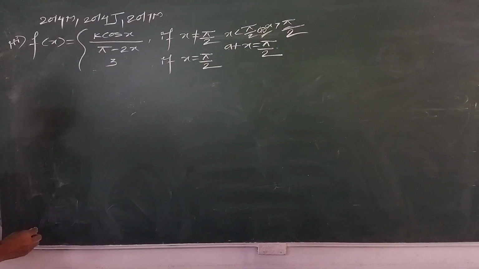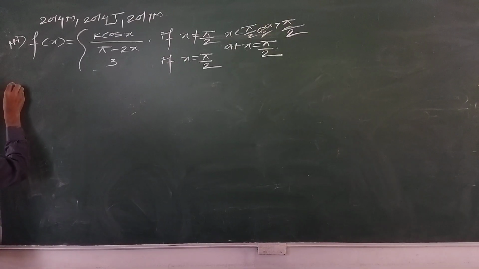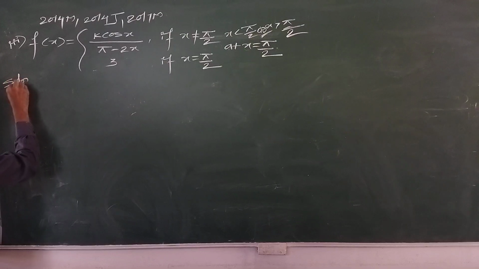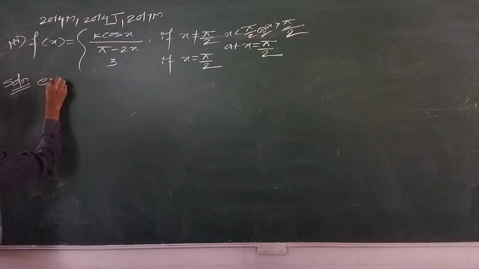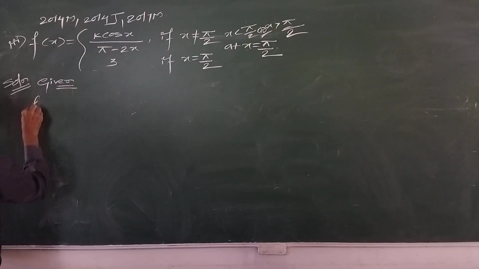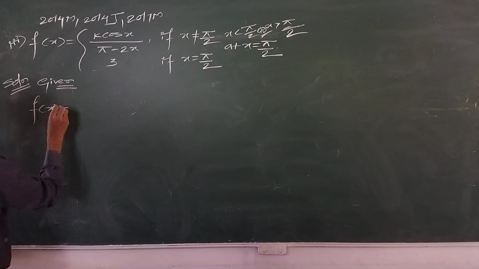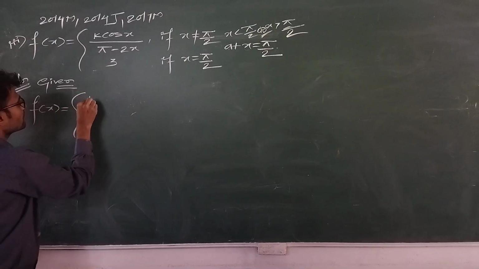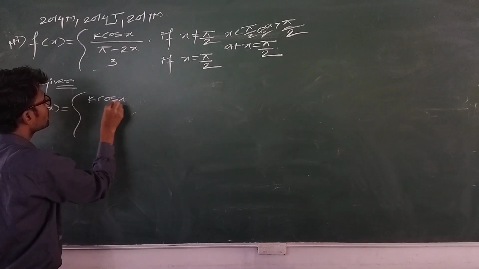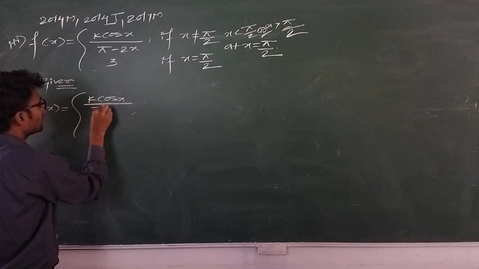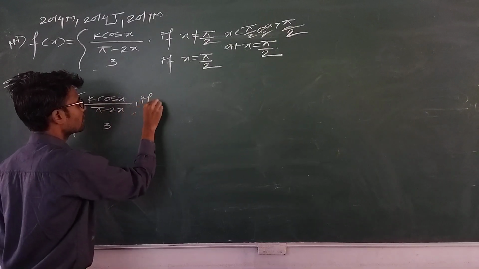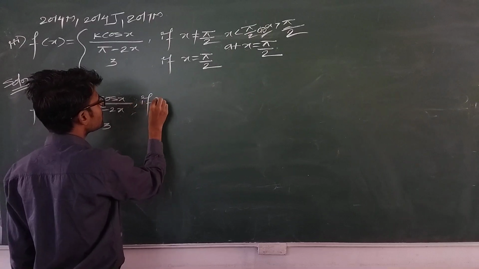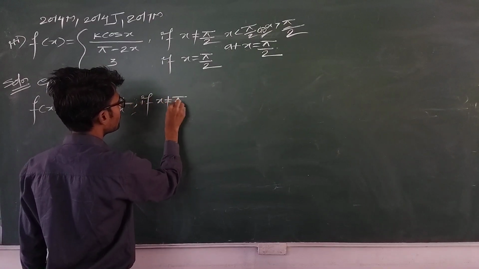Alright, so now I go for the solution of this. Solution: given, I'll write f of x is equal to k cos x divided by pi minus 2x, and it is 3. Yes, k cos x divided by pi minus 2x if x is not equal to pi by 2.